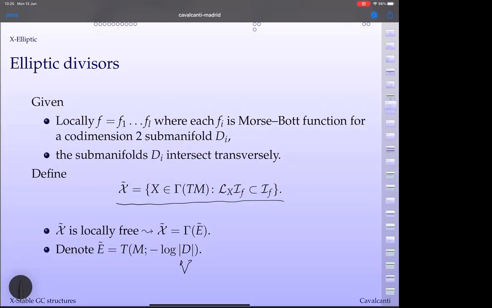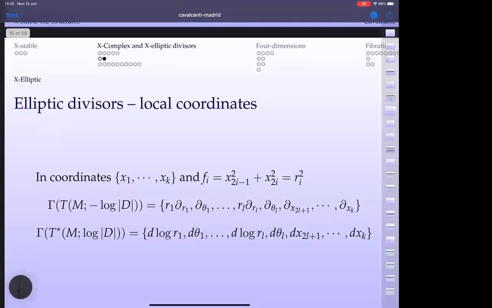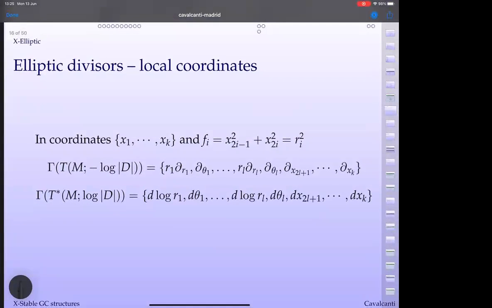Okay. If I was going to write this in local coordinates, I could write each F as norm of Z squared, so something like that: norm of one coordinate squared plus the next coordinate squared, so R_i squared. And if I'm in a neighborhood, I can think of these two variables as parameterizing a copy of R2, and I can think of the radial direction and the angle direction going around, so preserving R just by rotations.